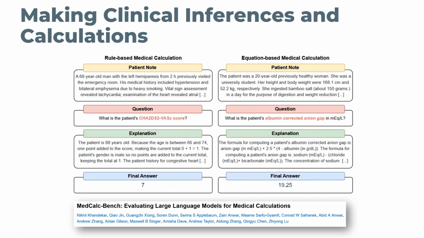So we may have rule-based calculations, which are maybe easy to generate, and then we have equation-based calculations. Those are harder, but can also be performed in a SQL query. It's just more complex to generate, but we can perform that on top of a full database for all patients.